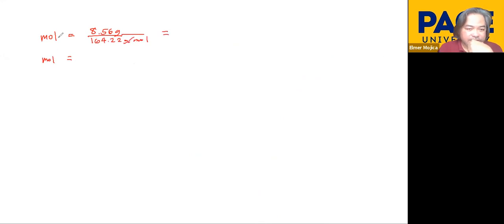That's eugenol, and this is ethanol. Ethanol would be 50 grams divided by 46.08 grams per mole. If the molar mass is not given, you're going to get the molar mass of that thing. So what do you get here for the eugenol?